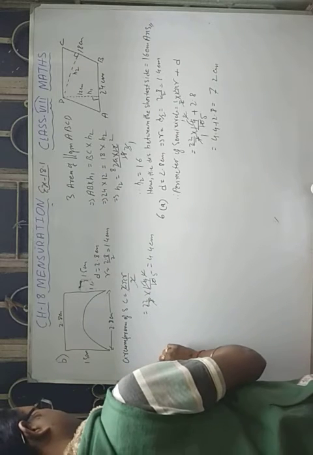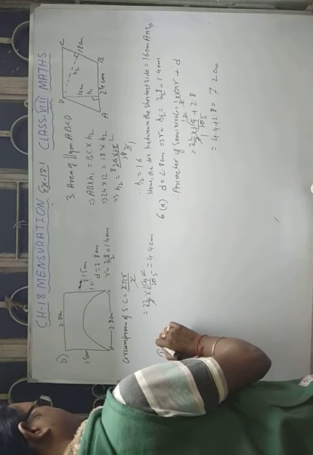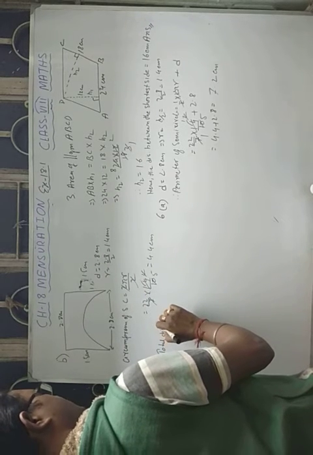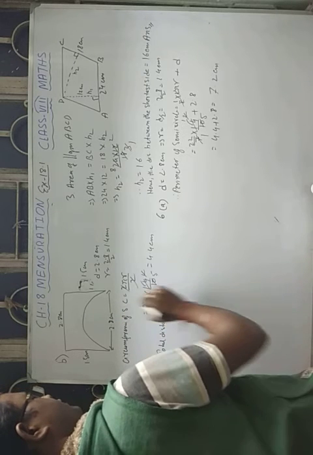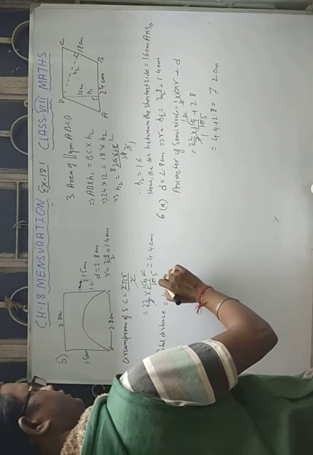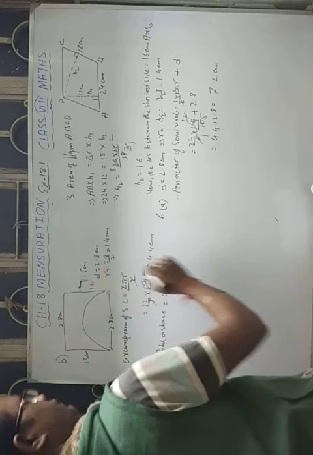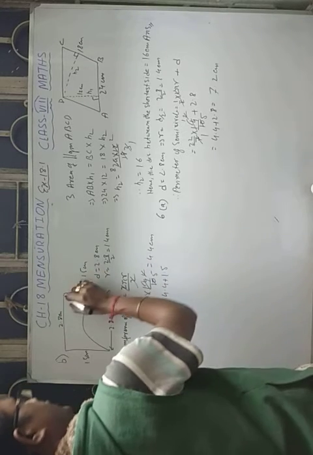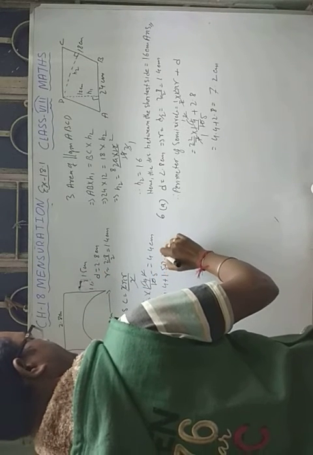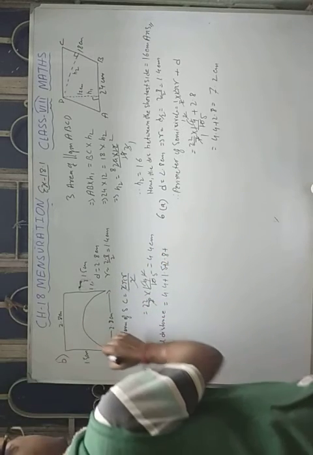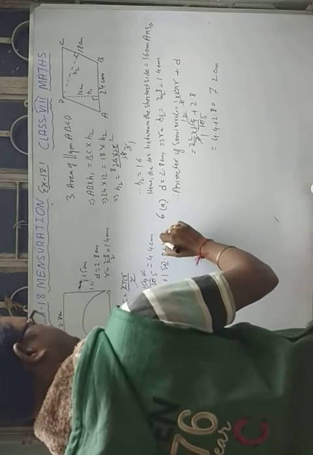Now therefore, the total distance traveled by the ant is equal to 4.4 plus this portion 1.5, then this portion 2.8, and the third portion is this one, 1.5.